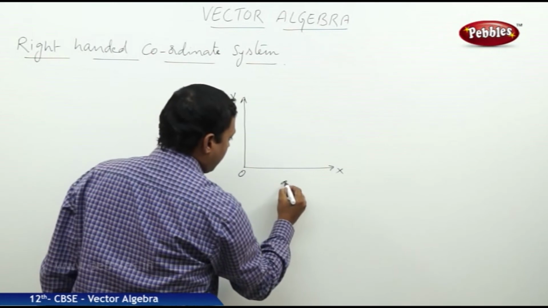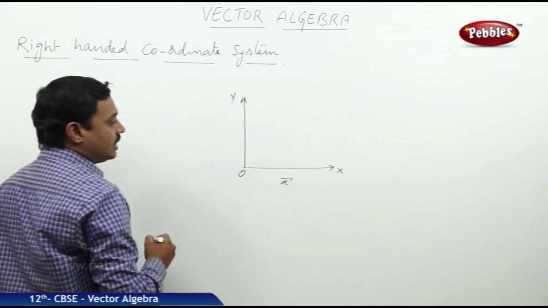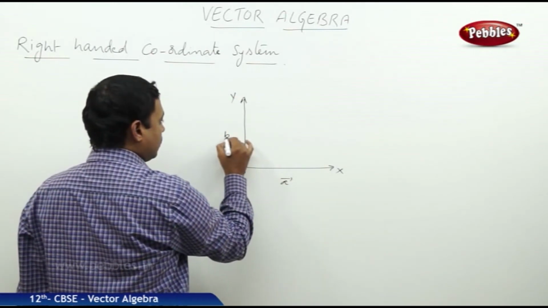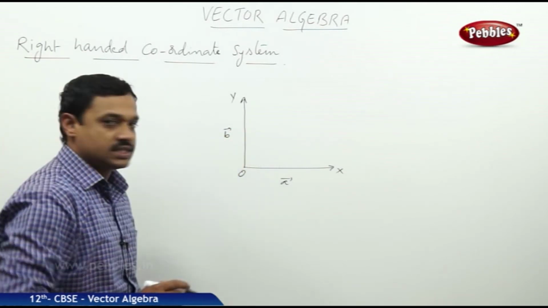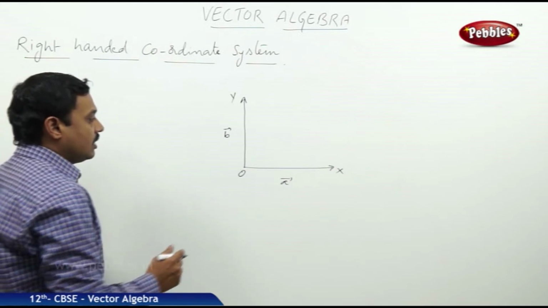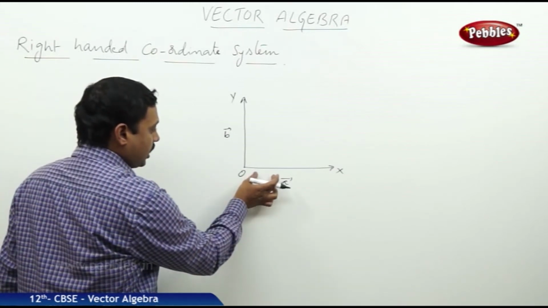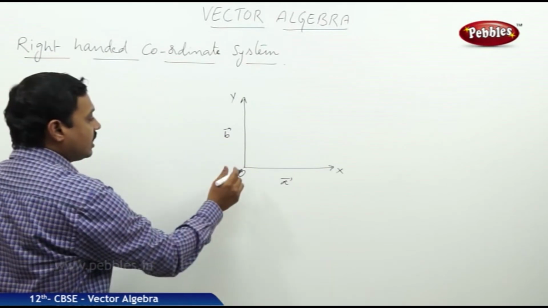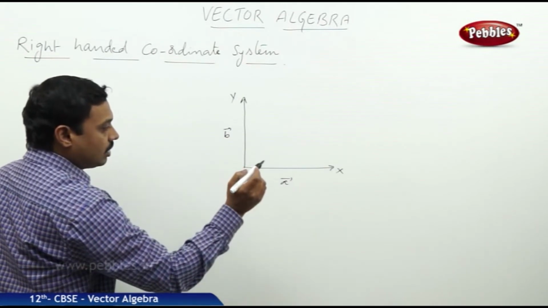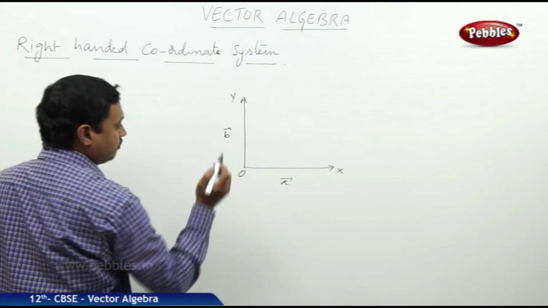Suppose a bar is a vector in the direction of the x-axis and b bar is another vector in the direction of the y-axis. Then if a is rotated towards b, there exists a vector perpendicular to them.